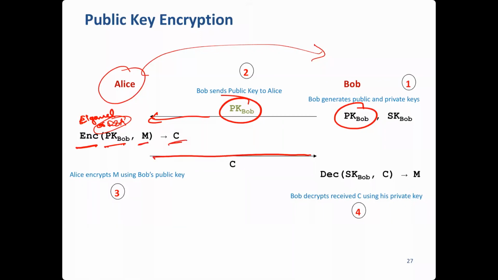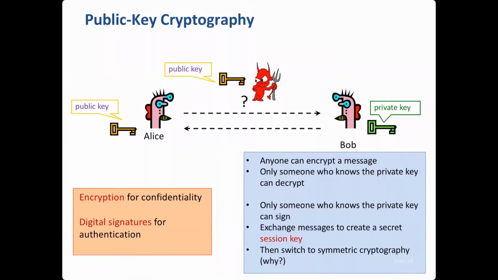She sends the ciphertext to Bob. Bob receives this ciphertext and decrypts it using the same algorithm, say RSA, and uses his own private key, or secret key, to get message M back. Okay, all right. This is another representation.